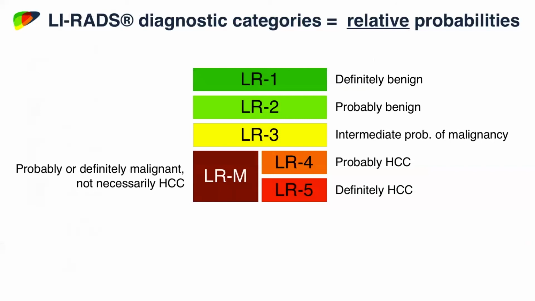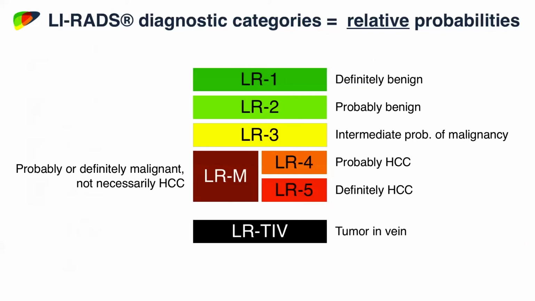There's no other differential diagnosis. LI-RADS M is also very important because you're saying this is almost for sure a cancer. I'm just not sure what kind of cancer it is. And remember earlier that the kind of cancer does affect the prognosis and the treatment.